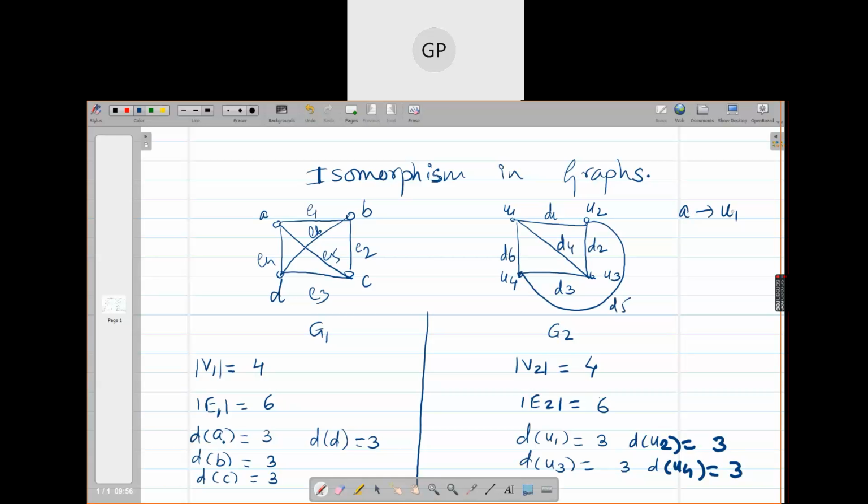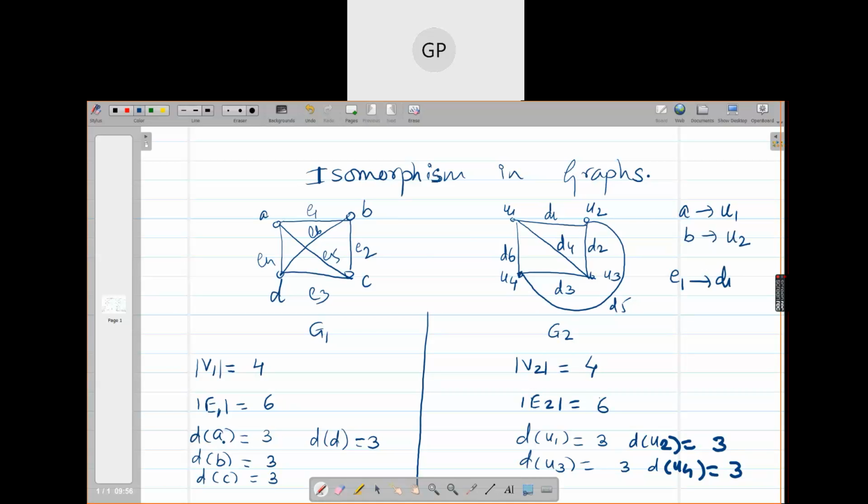So if I map A to U1, then A is adjacent with B, C and D. So if I map B to U2, then I can map E1 to D1. Are you getting it?